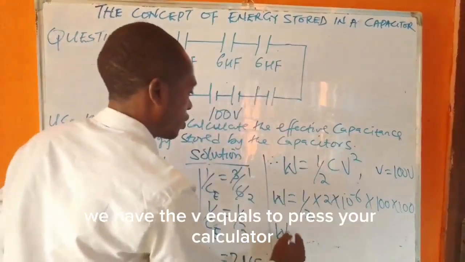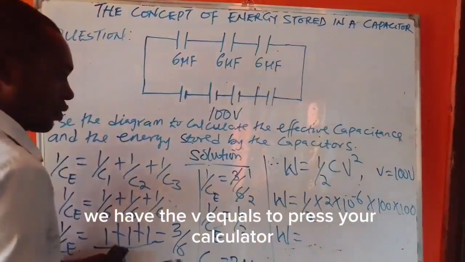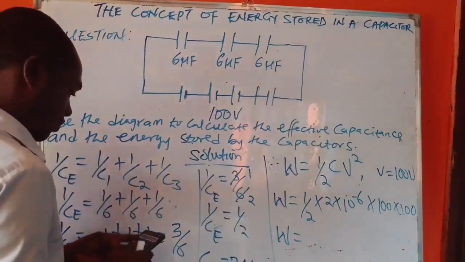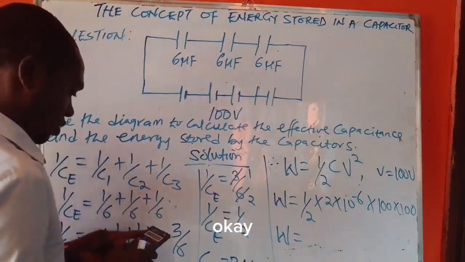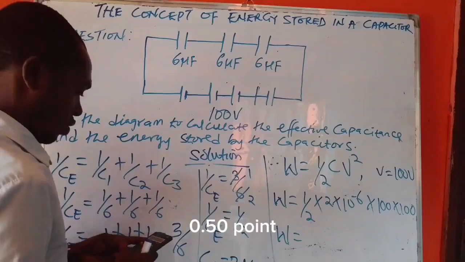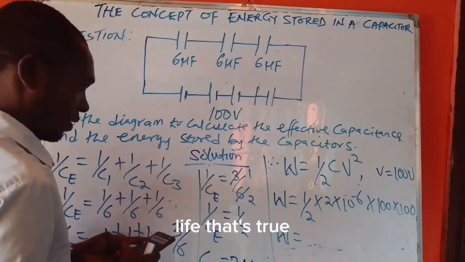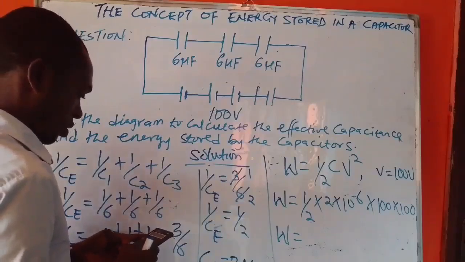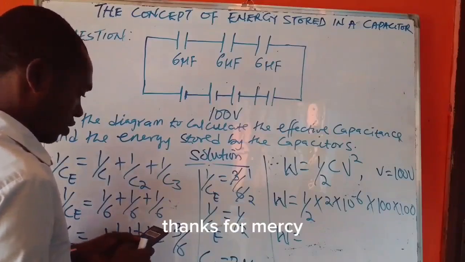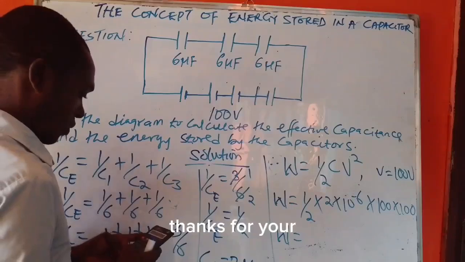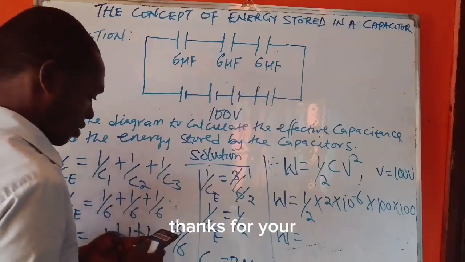We have W equals, if you press your calculator, 0.5 times 2 times 10 to the power minus 6 times 100 times 100.